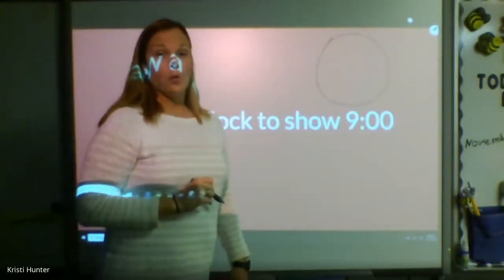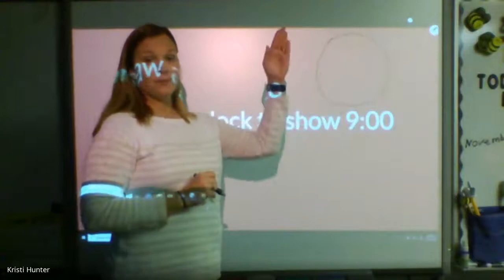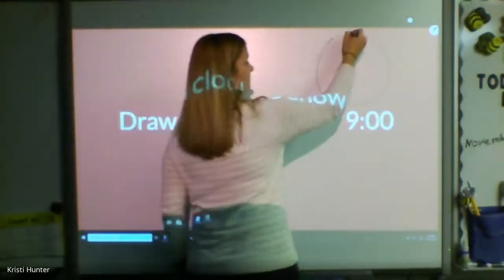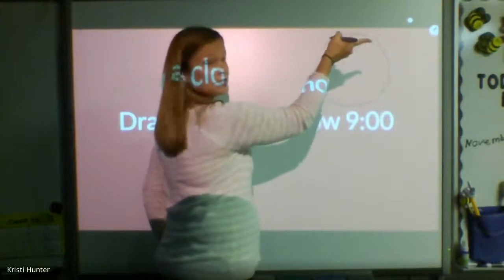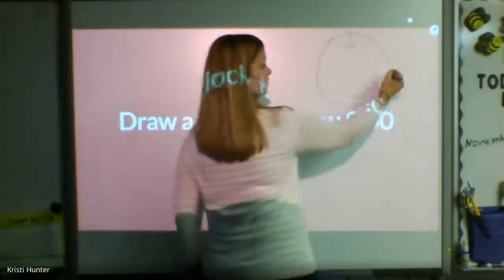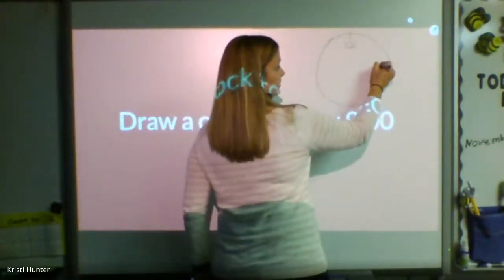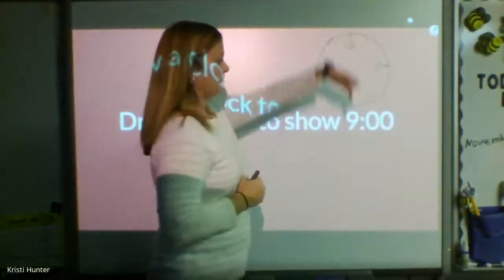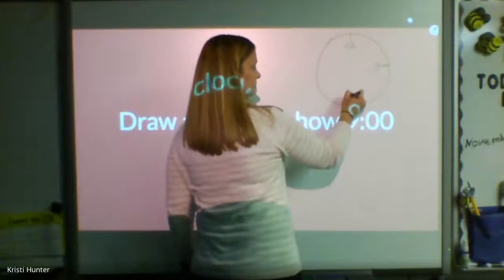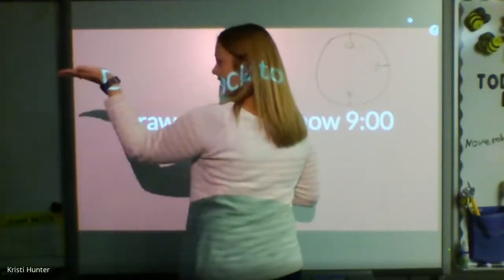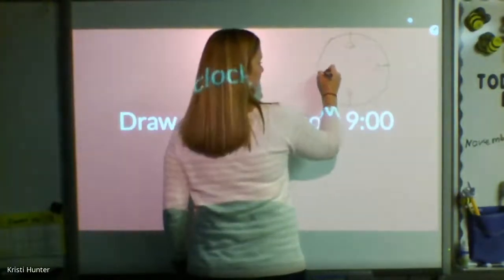All right. When I draw my clock, the first thing I want to put is a 12 at the very top. Then I want to skip numbers and go to the 3 that's at the right. So a number 3. Then I'm going to write at the bottom, I'm going to put a 6. And to the left, I'm going to put a 9.